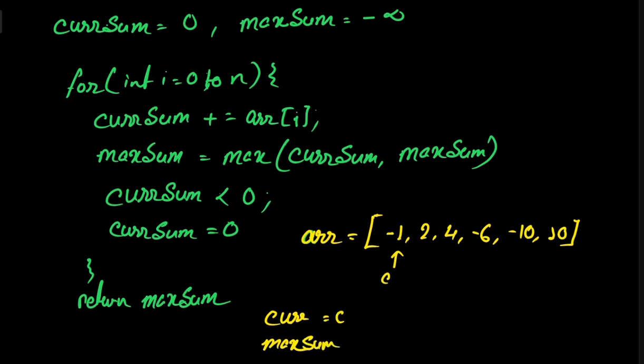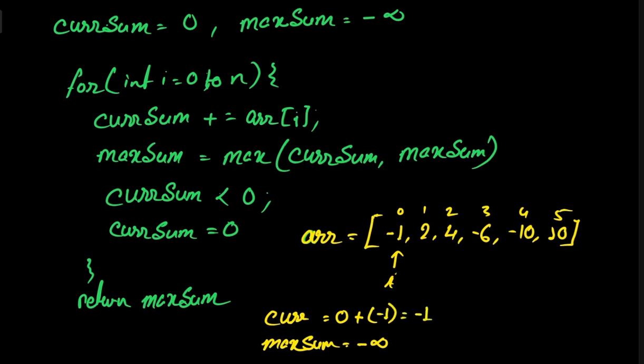First the current sum is 0 and the maximum is -infinity. When i is at the 0th index, suppose indices 0, 1, 2, 3, 4 and 5, the current sum will be updated. The current sum will be -1.